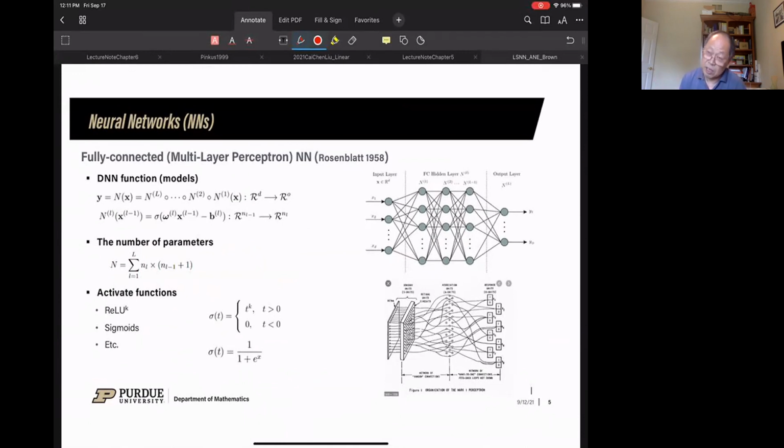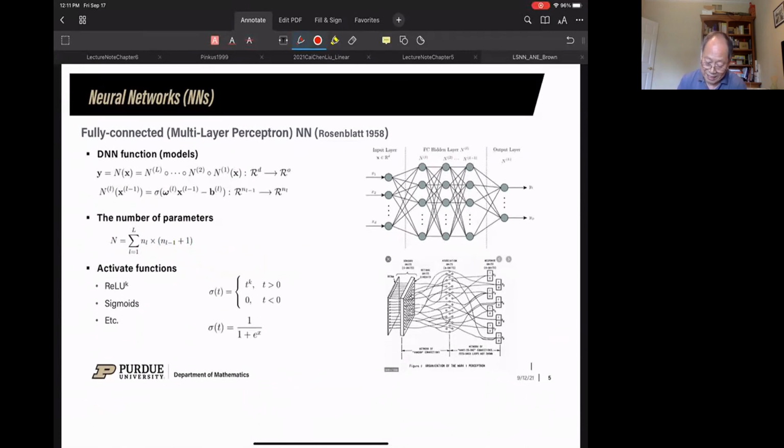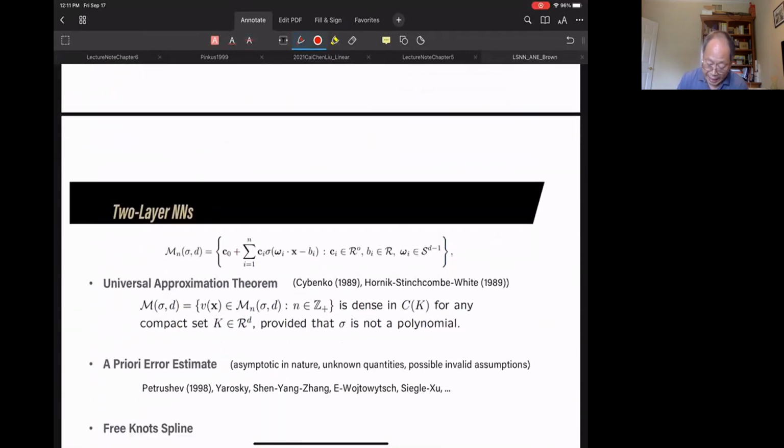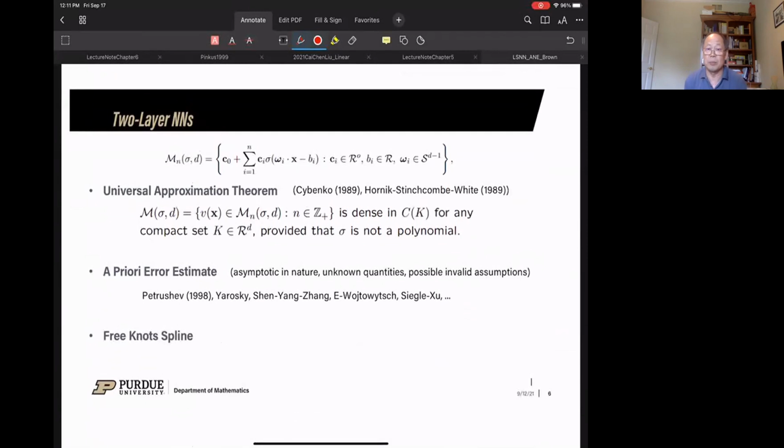As a class of functions, there is a lot of research going on, but I still think we probably don't understand this class of functions very well. Of course, one of the well-cited results is the universal approximation theorem.